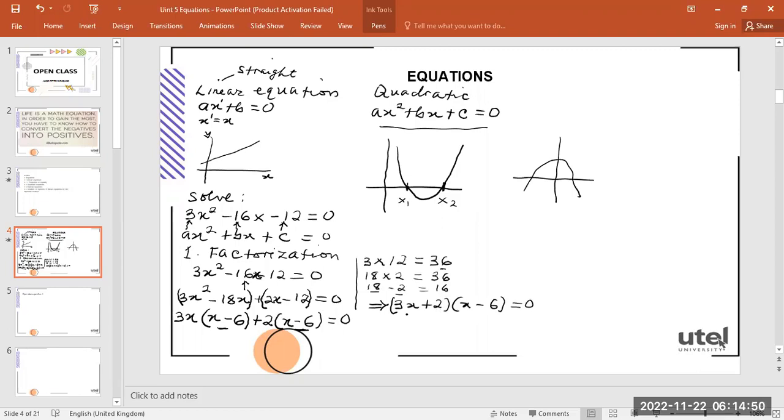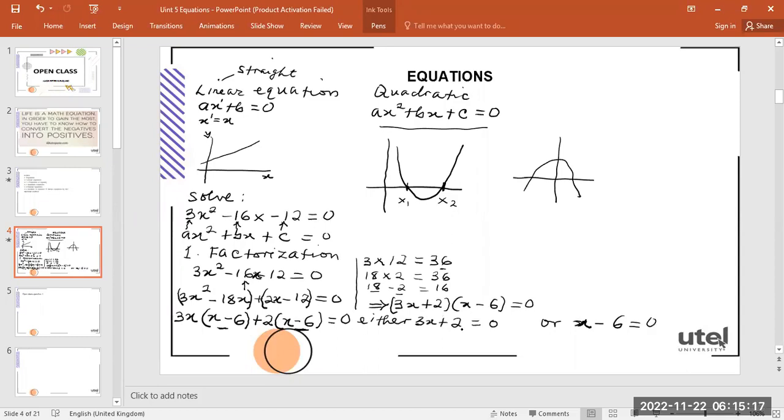It then means if you have 3x plus 2 times x minus 6 equals 0, then it is either 3x plus 2 is equal to 0, or x minus 6 is equal to 0.